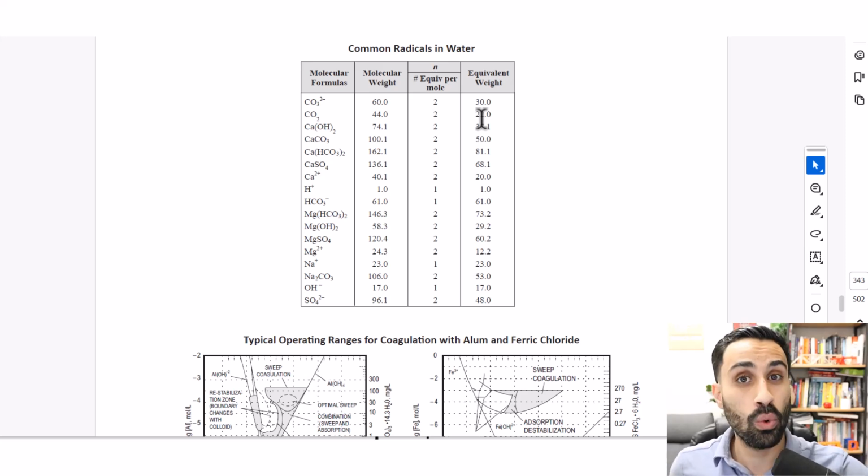Because let's say that total hardness is adding the milligram per liter of calcium carbonate for the calcium ion and also for the magnesium in milligram per liter as calcium carbonate. Then we can sum both of them up to get one final answer as the total hardness. We cannot do that with the molecular weight. The equivalent weight is what we should always use for softening.